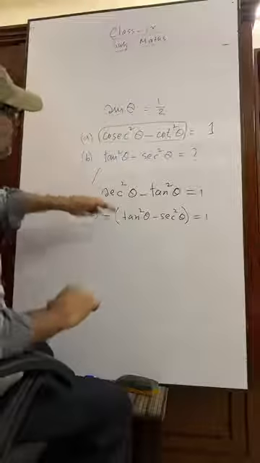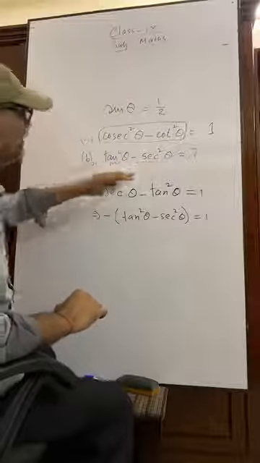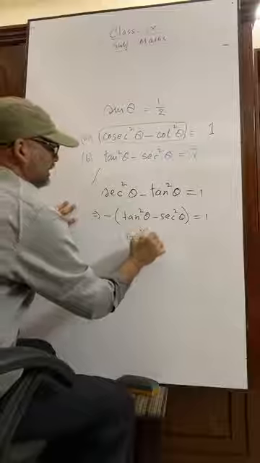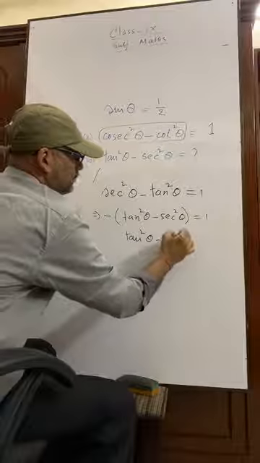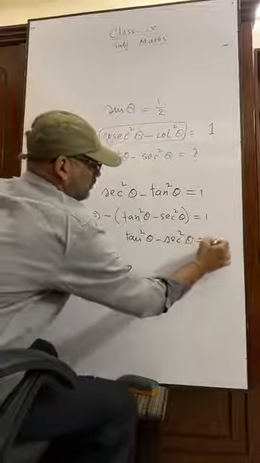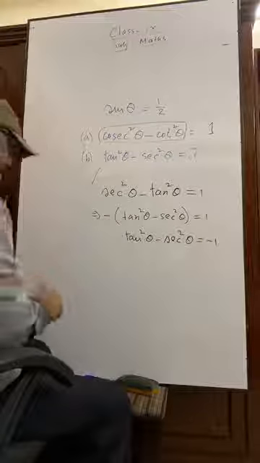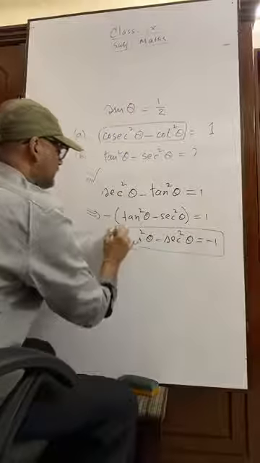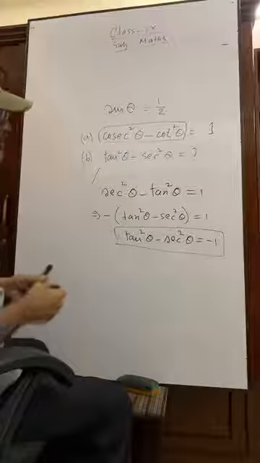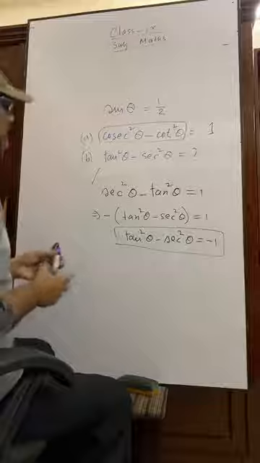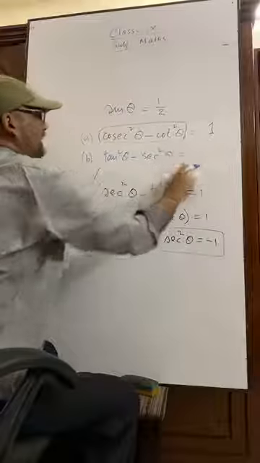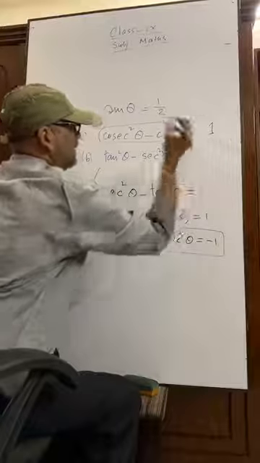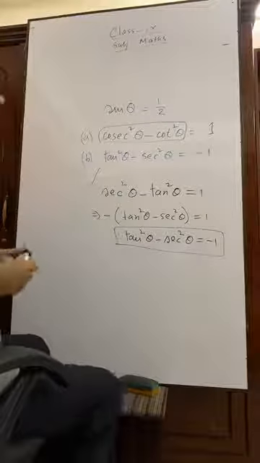Here it is told to determine the value of tan square theta minus sec square theta. Therefore, tan square theta minus sec square theta equals to -1. This is the answer. So our math is done here. It is not necessary to do the math from the figure. So its answer is -1.